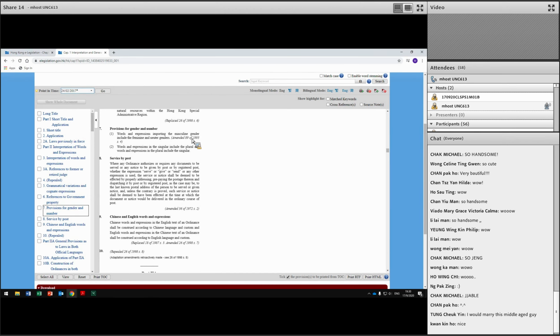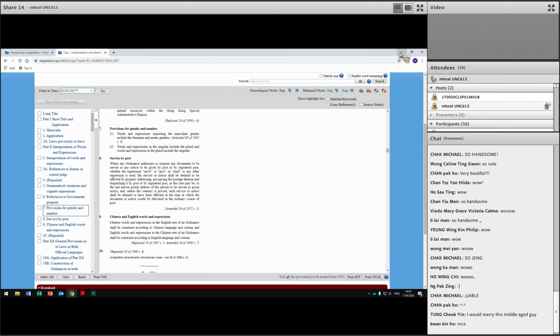Well, expression importing the masculine gender includes the feminine gender and neuter gender. So singular will include the plural. Plural will also include the singular. So you can make use of this section to solve some problems in grammar. So many things are well defined in this ordinance. So this one is quite useful.